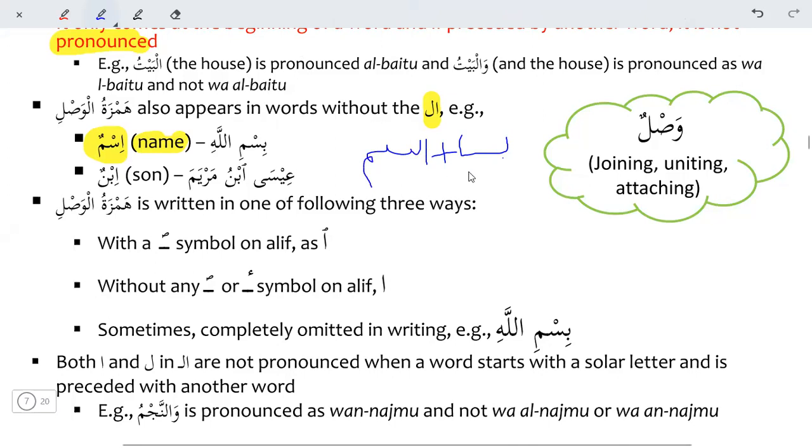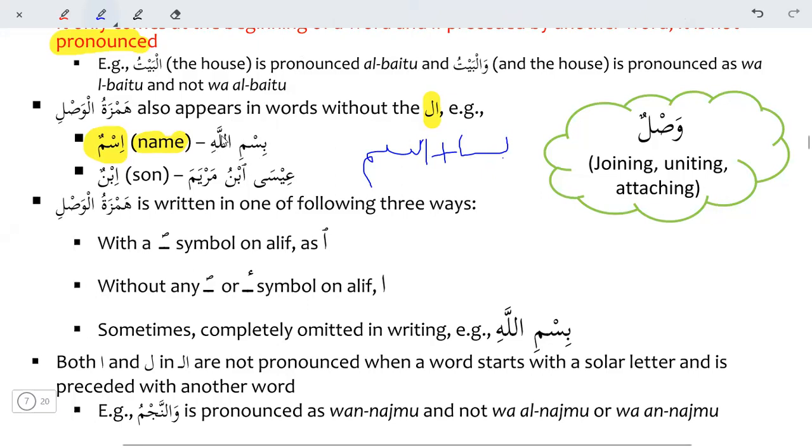This alif we skipped, and ba joins with the sin. Bismillah, with the name of Allah.